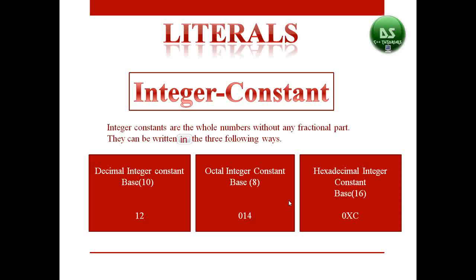For example, if I have the number 12, that number can be represented as 12 in decimal integer constant, or 014 in octal integer constant, and 0xC is also 12.